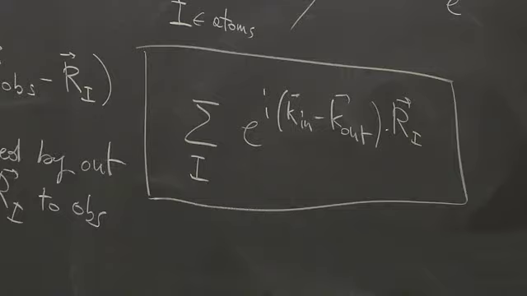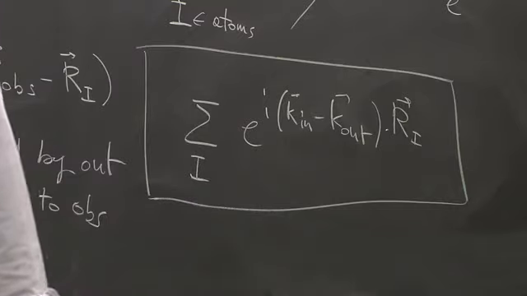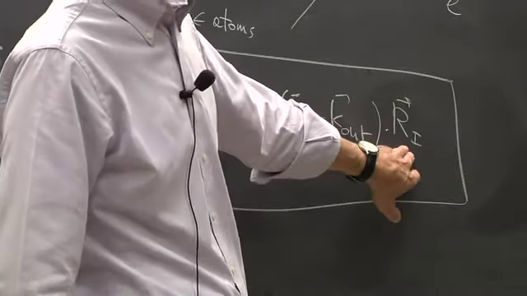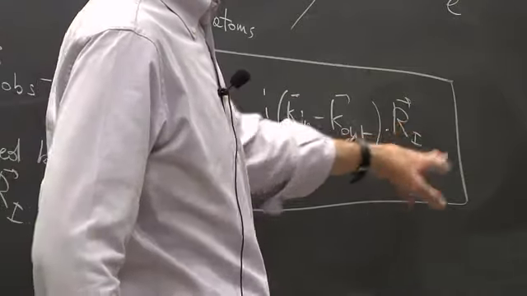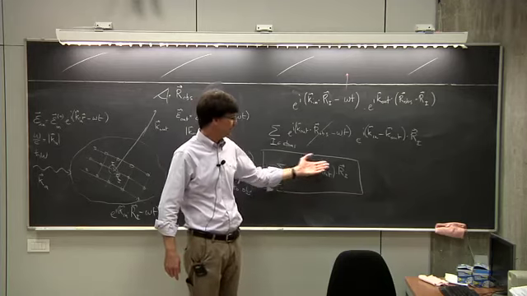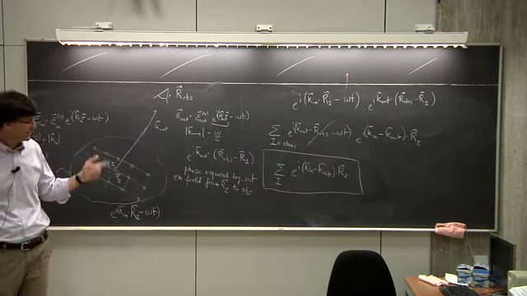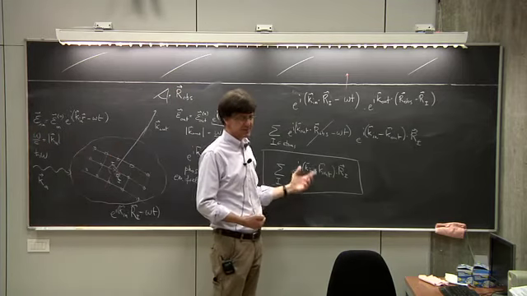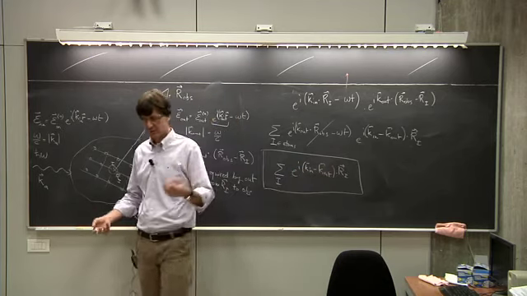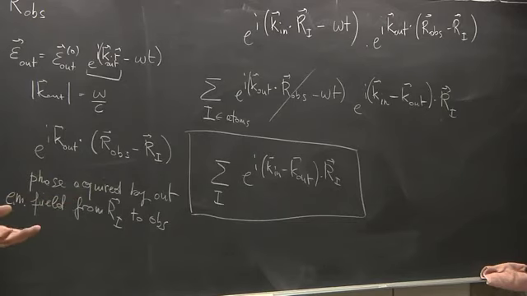Now, these phases are going to add up in a complicated way, of course. And in principle, if these positions were really random positions, we are not dealing with a crystal now, we're dealing with random positions, this phase is going to be a random number. And if I add up random phases, what do I get? If I take this exponential, which is cosine plus i sine, and I take random phases, so cosine of theta averaged over random values of theta, what does it give you?